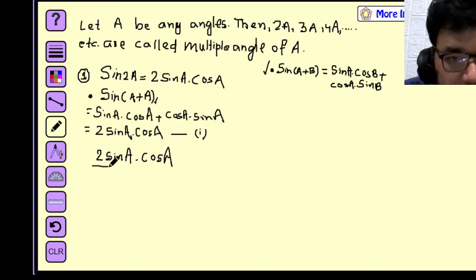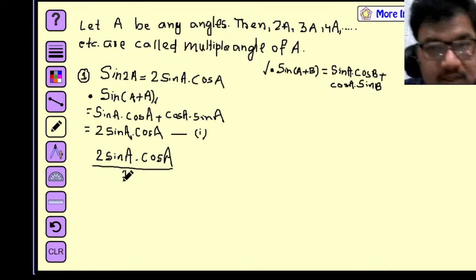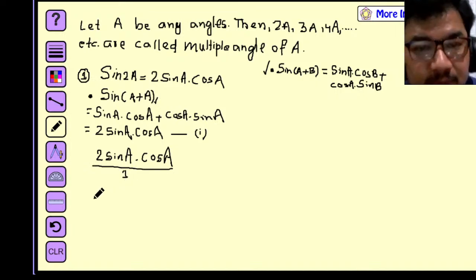Then can we divide this by 1? Of course we can, because in every fraction we can write the denominator as 1.